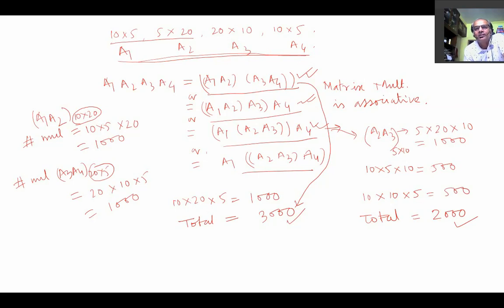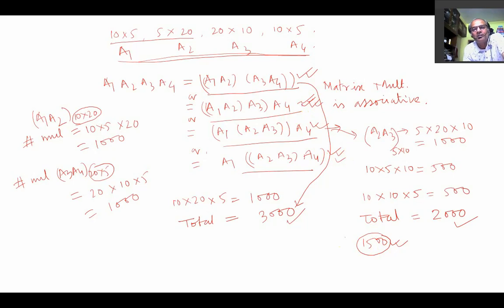But in this way you just find out this one again, and this one, and you will get a result where the minimum number is 1500. So you have to find out all those things. This will give you the minimum number of multiplications, which will give you the benefit.